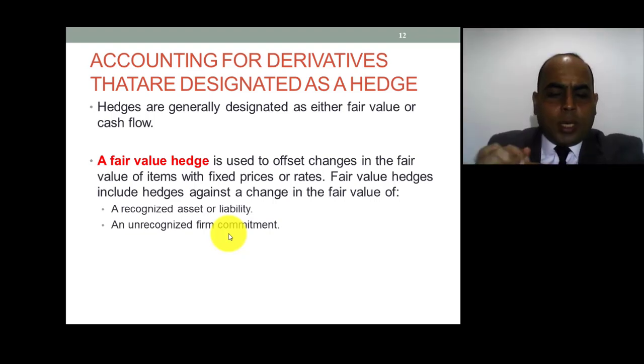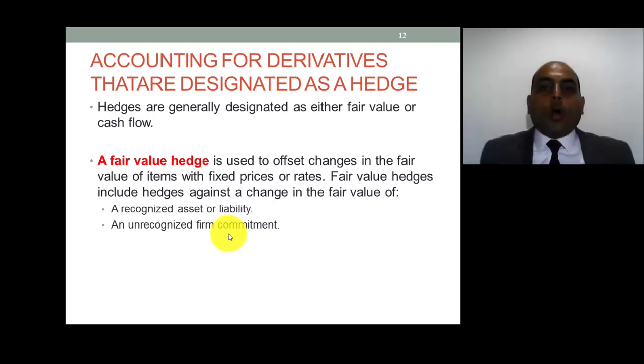Let us clarify it by the following points. Here we have, for example, a transaction to sell 100 tons of corn after 3 months. We already agreed to sell these goods at, for example, 1,500 per ton.